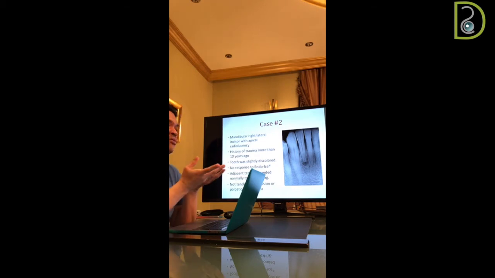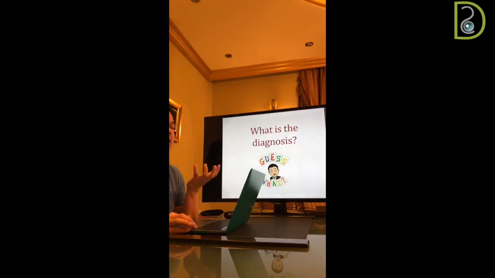Adjacent teeth have a normal response. That means they are vital, the control is vital, this one is non-vital, and there is no tenderness to percussion. That means the apical is asymptomatic apical periodontitis because there is no symptom when you are doing percussion or palpation tests. So what will the diagnosis be?